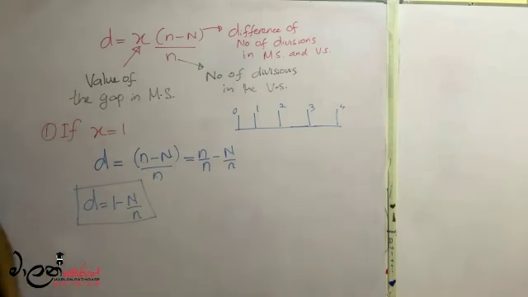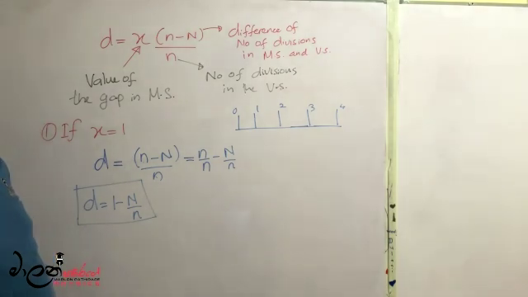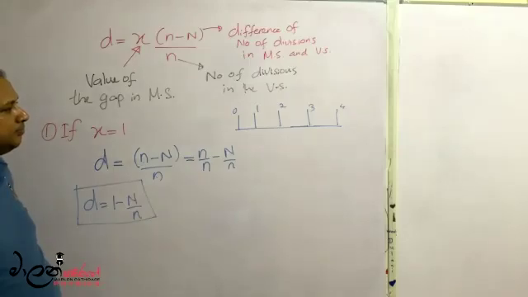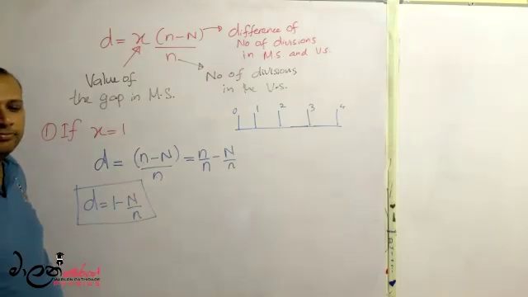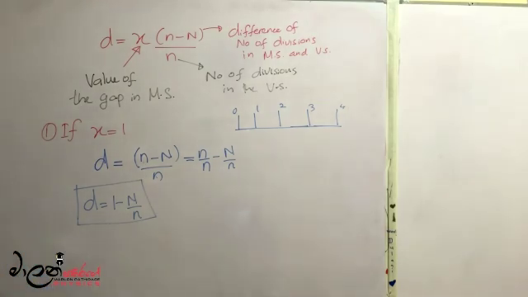If x is equal to 1, that means the value of the main scale division is equal to 1.